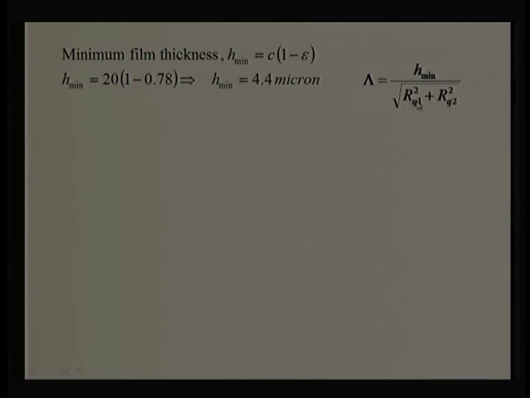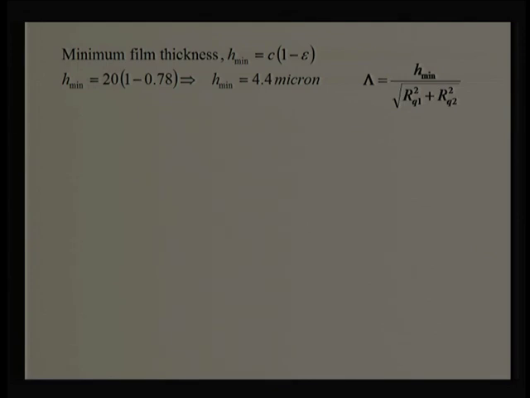Now, if I assume roughness of the shaft is 0.4 micron, maybe on the higher side, and bearing maybe even 0.6 microns, take a composite one and find out the composite surface roughness. If this ratio is turning out to be more than 5, we say okay, hydrodynamic lubrication is fine, bearing design is as per the hydrodynamic lubrication, there is no problem.